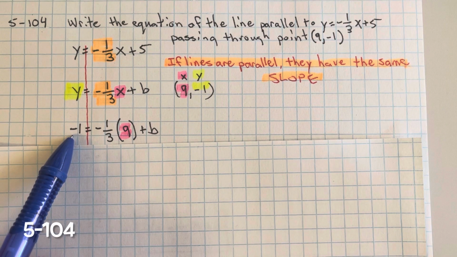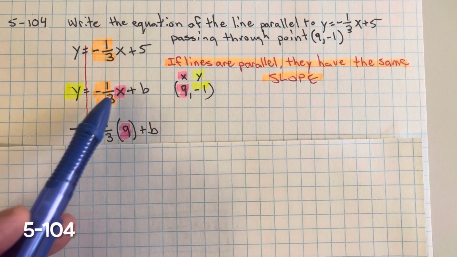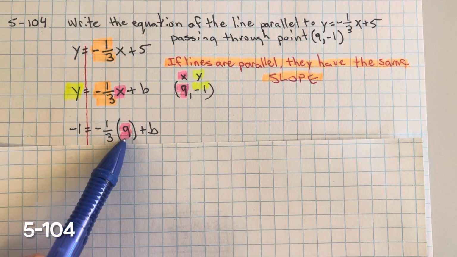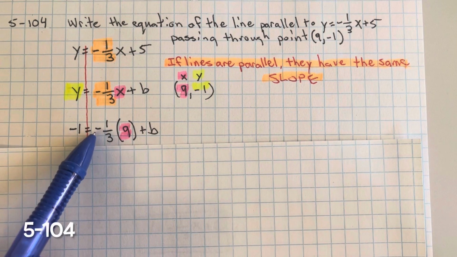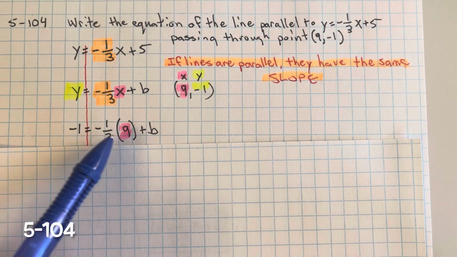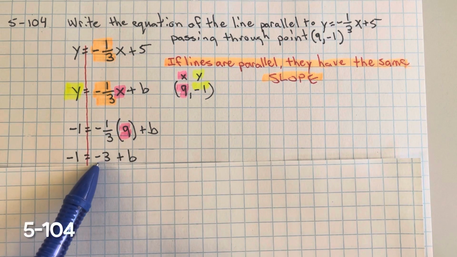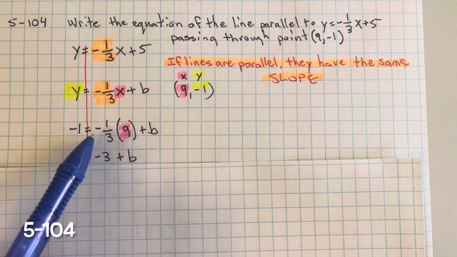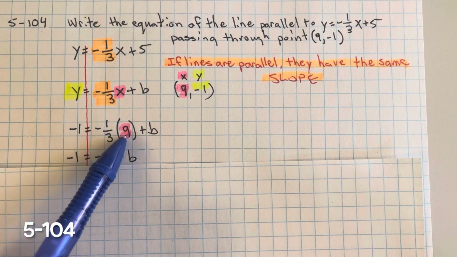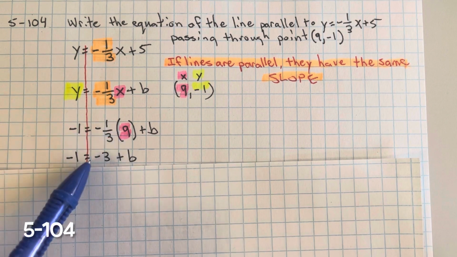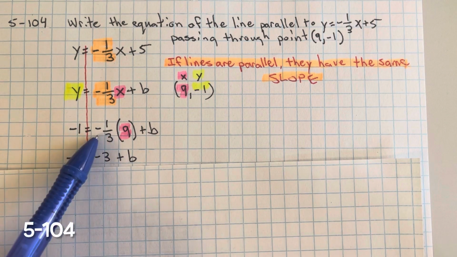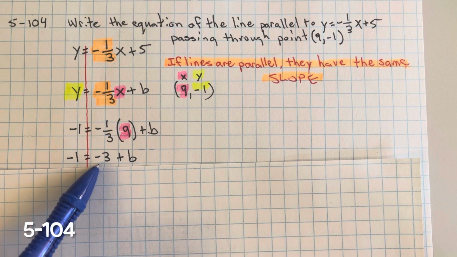So we have y is -1, x is 9, and 1/3 of 9, or we could do 9 divided by 3 is 3. And since it has a negative value, it's -3, because a negative multiplied by a positive is negative.